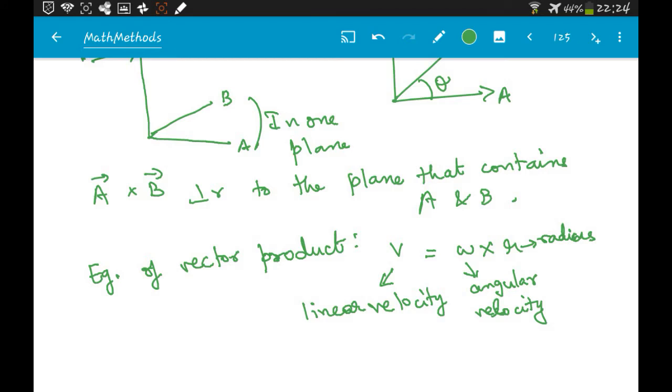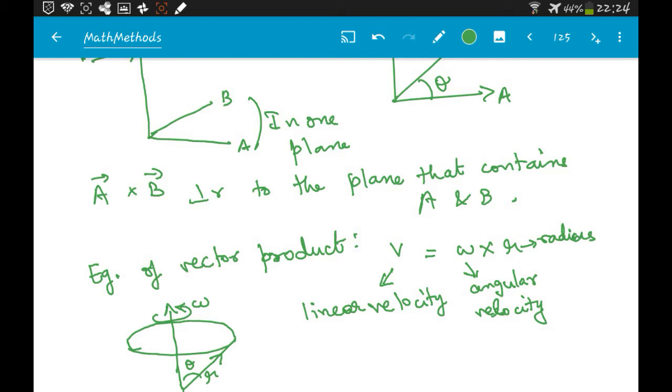So essentially V has to be perpendicular to the plane that contains omega and r. So if you look at it, let's say your omega is something like this, and this is your r, and this is your theta.